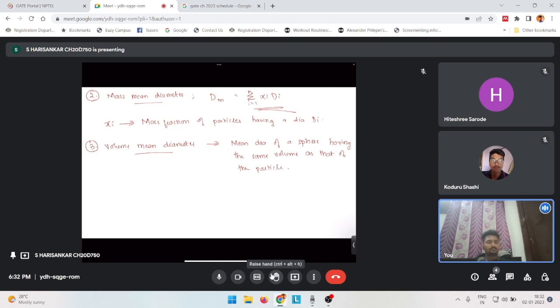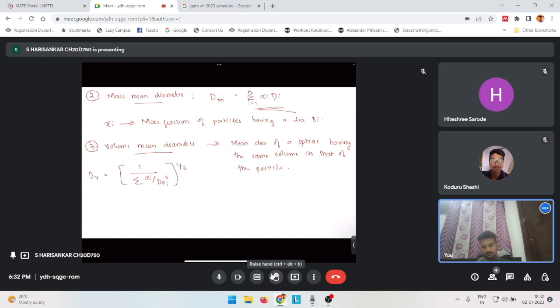So we were using something like this in our definition for sphericity. So this is that dp here, basically, which is the volume mean diameter. And that is the mean diameter of a sphere having the same volume as that of the particle. Now, the formula for volume mean diameter, you can write it as dv is equal to 1 by sigma of xi by dpi cube, the whole raised to 1 by 3.